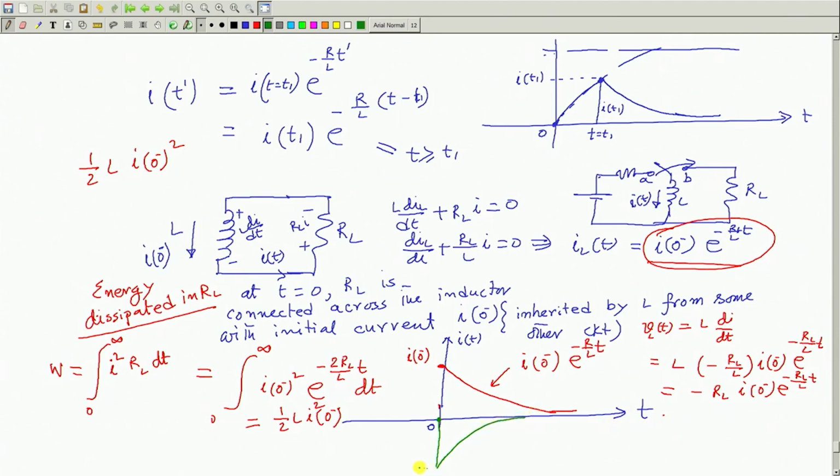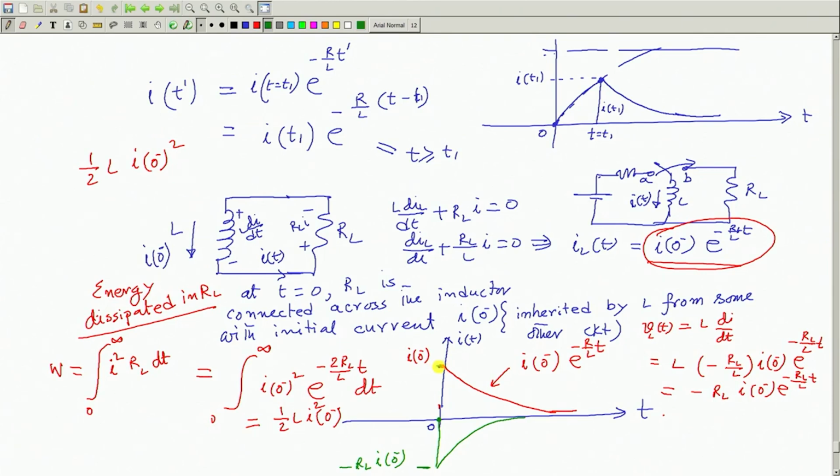What is the value of this voltage? R_L is known, I(0-) is known. So, this value will be minus R_L into I(0-). So, the voltage across the inductance can change instantaneously, while the current remains continuous.